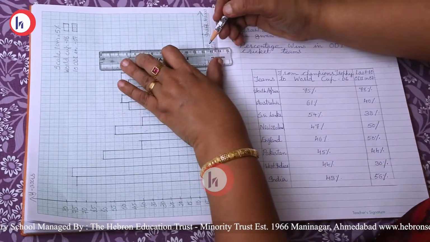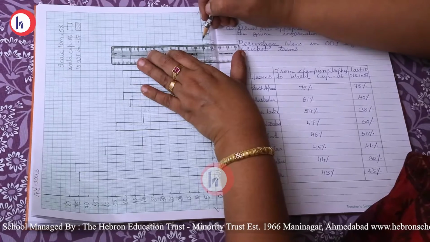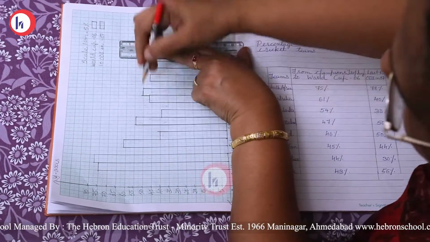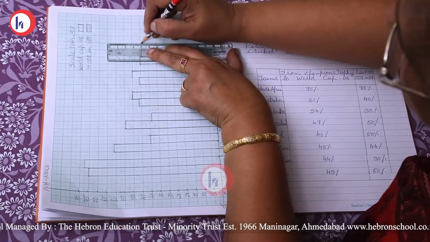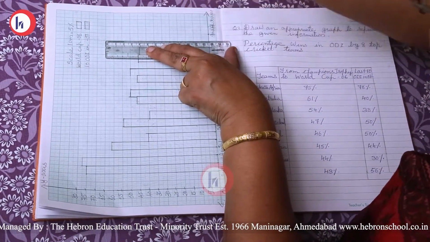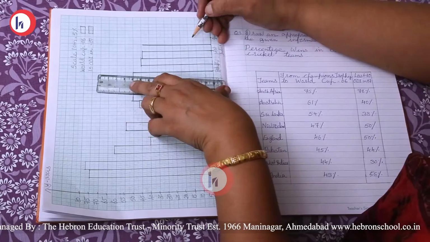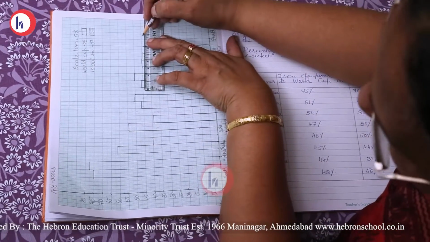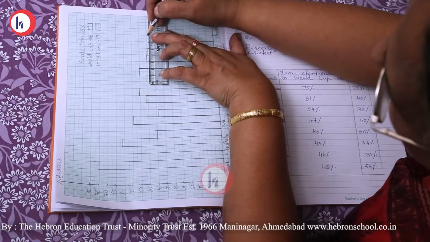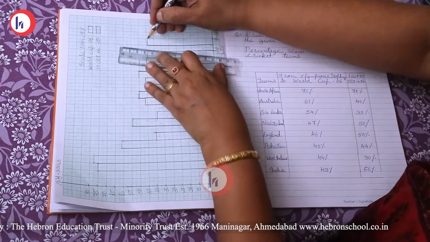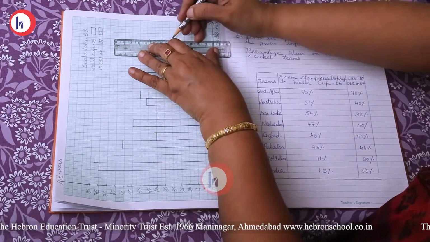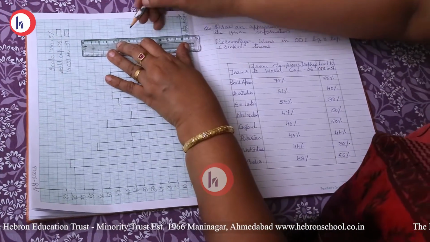Then next one is West Indies, 44. Now West Indies of 30 is also there.